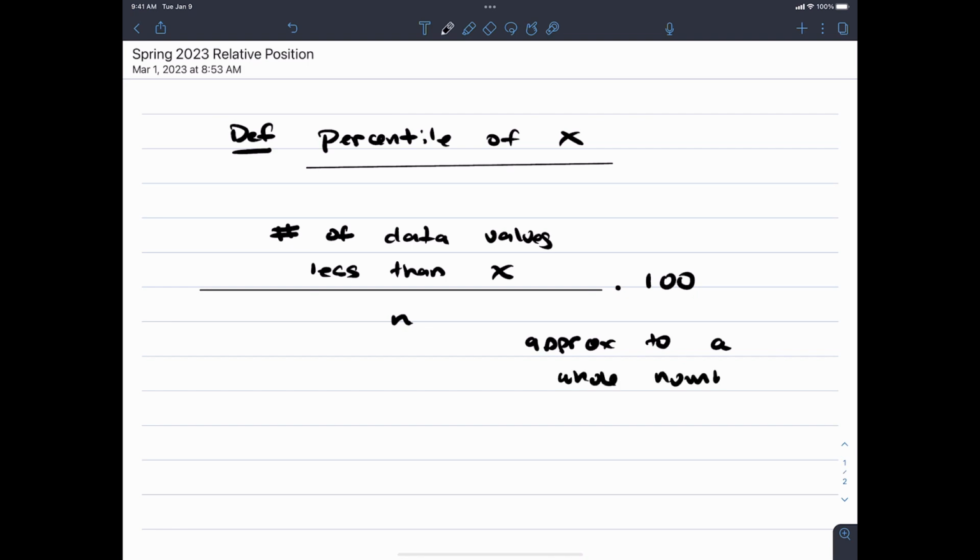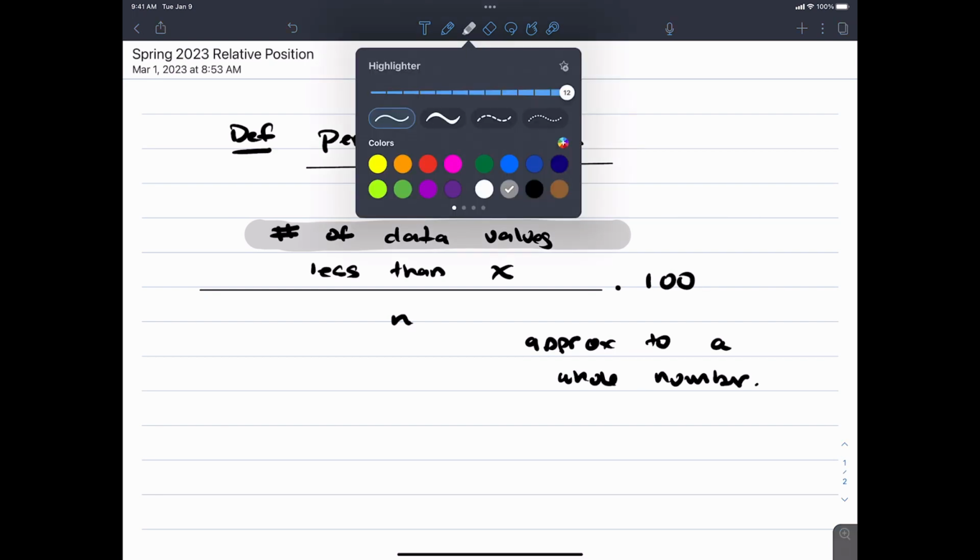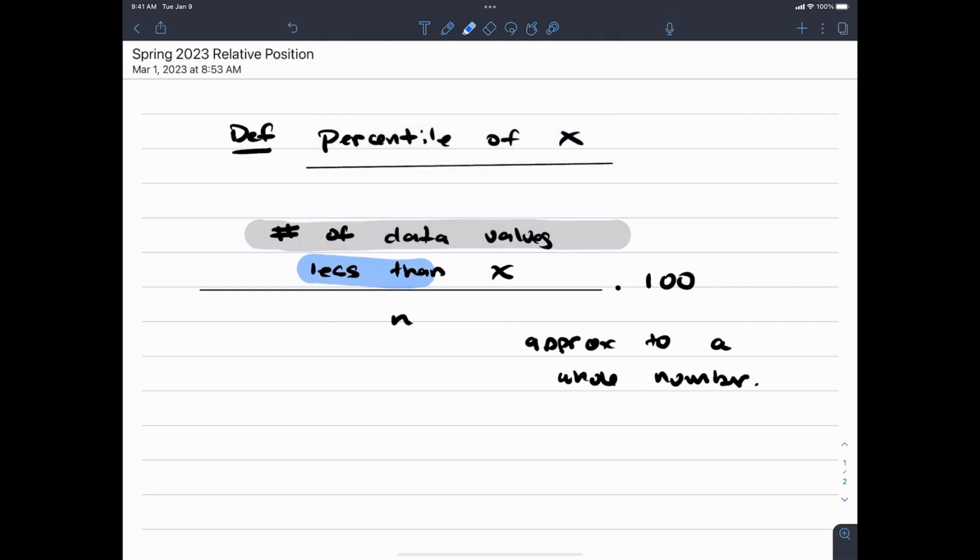What you're really going to do up here is count the number of data values that are less than X. What does less than mean?